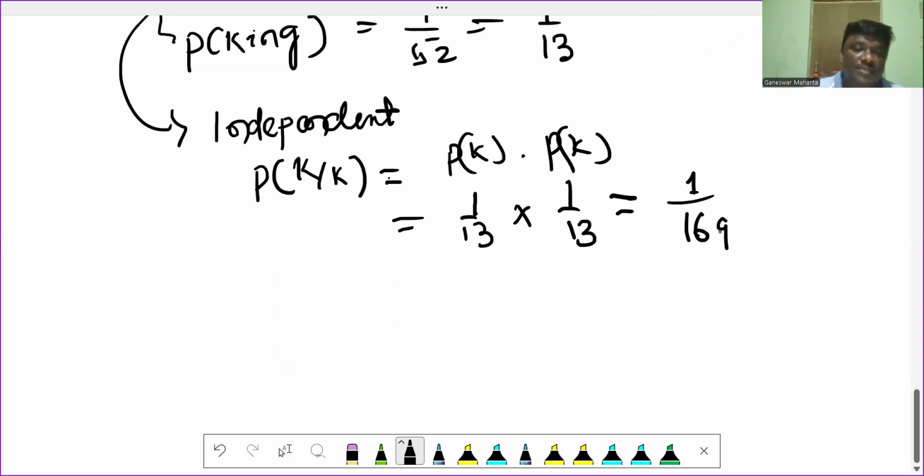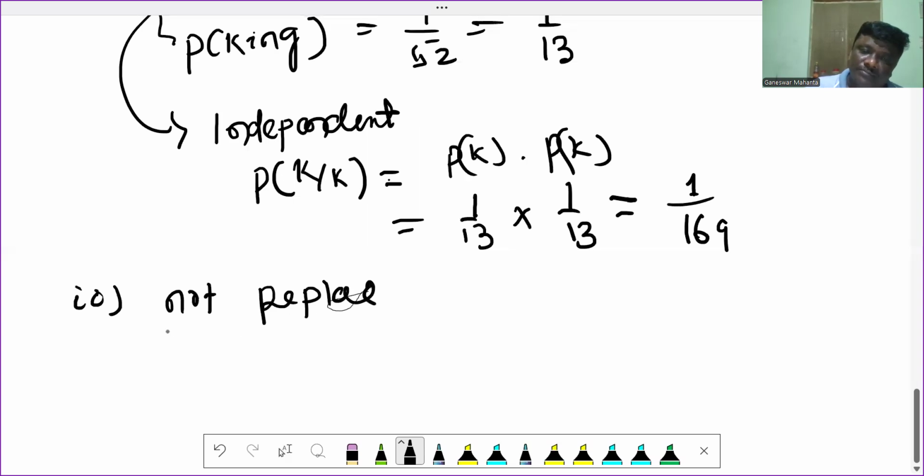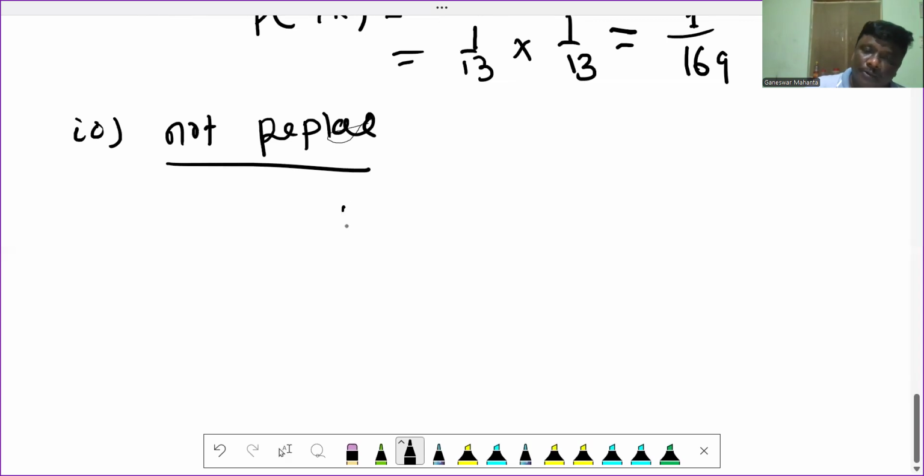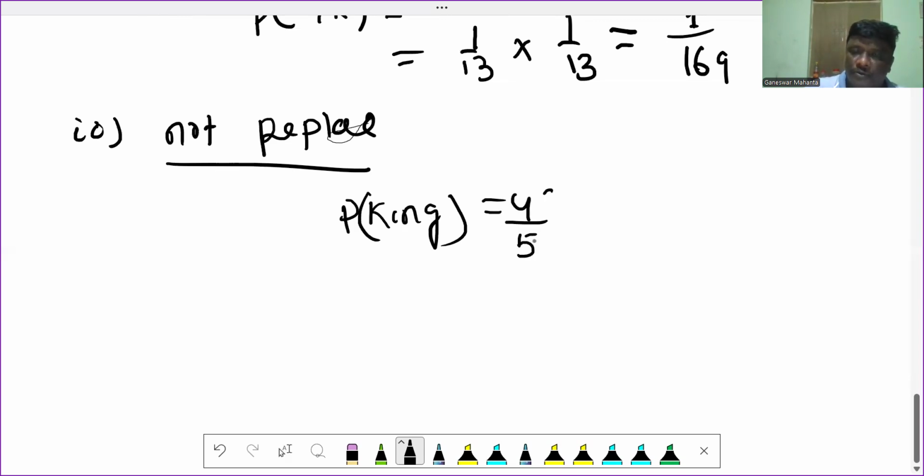Another case, the second case, is when it is not replaced. A card is drawn first. The first probability you already defined, probability of king, that is 4 by 52.